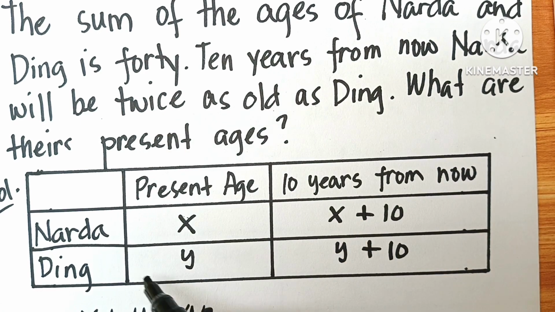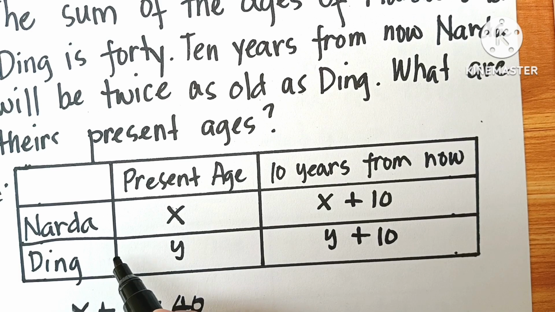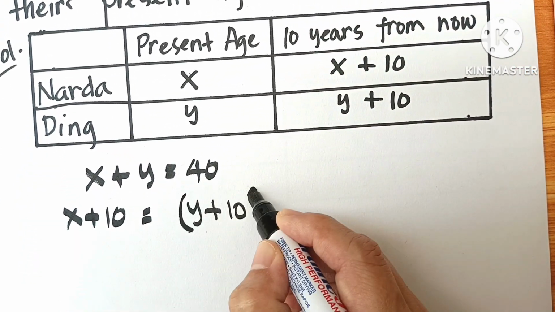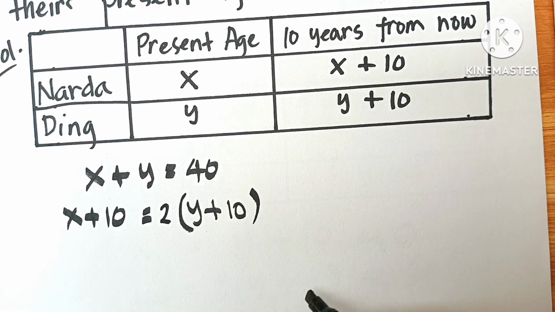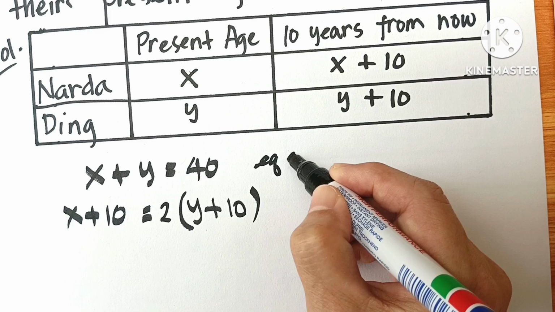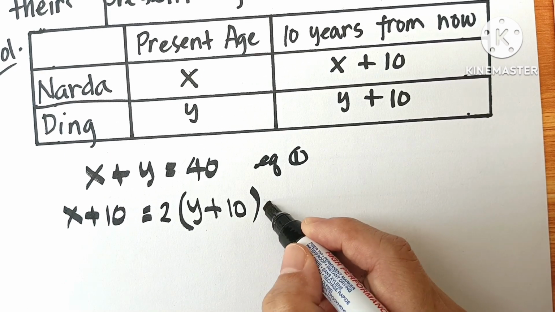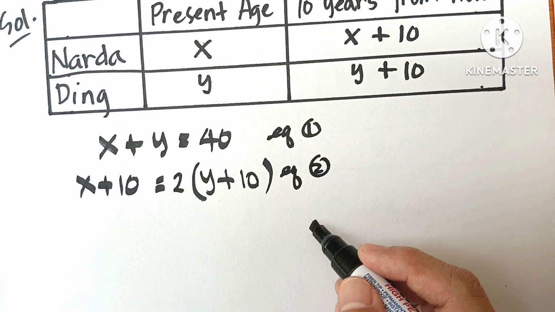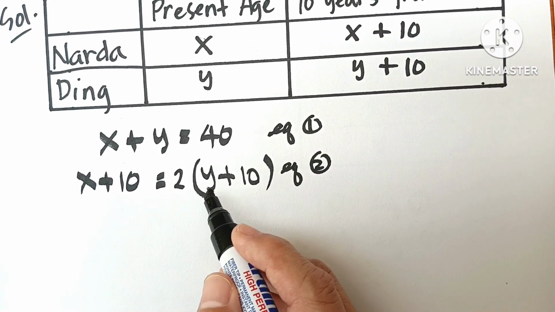Sa matanda o sa bata? Siyempre sa bata. Di ba sabi natin kung sino mas bata, doon natin ilalagay yung mga times 2 at saka mga plus para maging equal na yung kanilang age. Okay? So this would be our equation 1 and this is our equation 2. Now let us simplify equation 2, no?